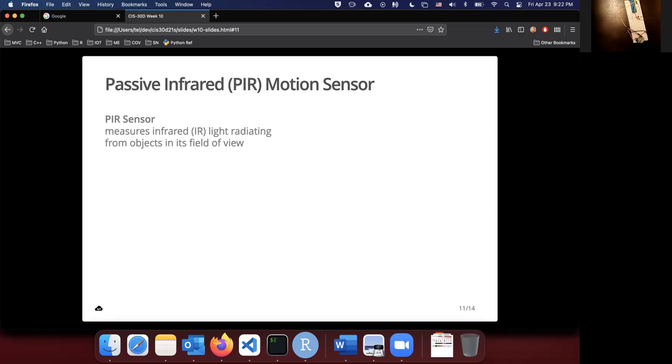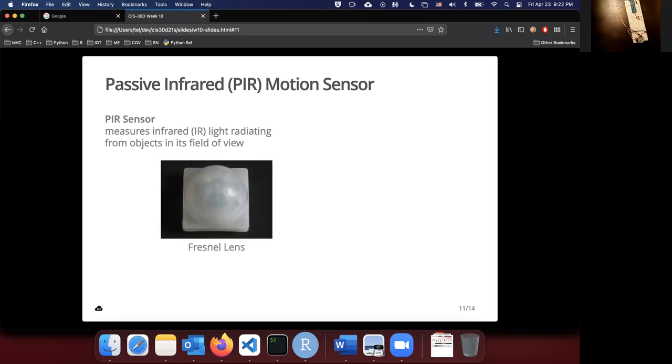That also means we need a lens. We need to condense the infrared light from a particular field of view, a wide angle, to collect all this light into our sensor so we can detect the motion. The lens that is used is called a Fresnel lens.